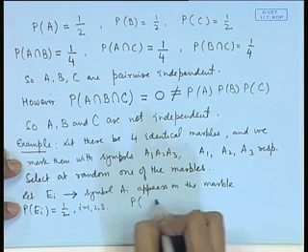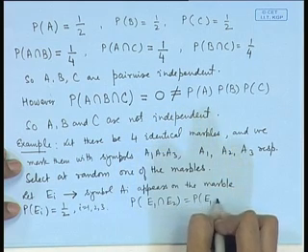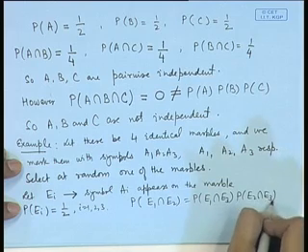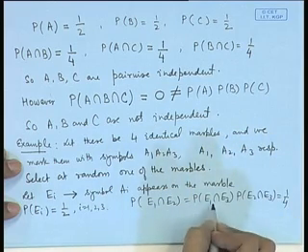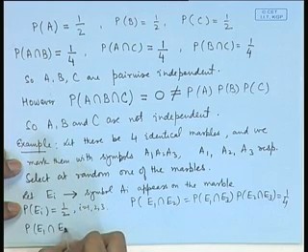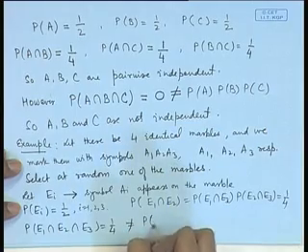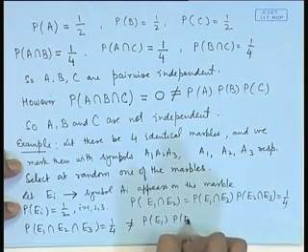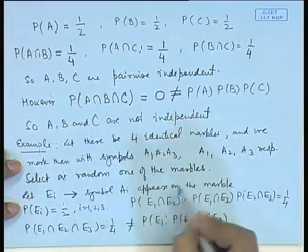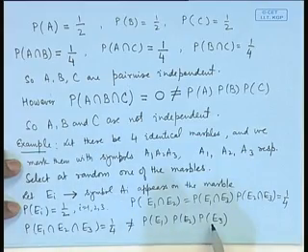If I look at probability of E1 intersection E2, probability of E1 intersection E3, probability of E2 intersection E3, each of these is going to be 1 by 4 because only one possibility is there. And therefore, probability of E1 intersection E2 intersection E3 is also 1 by 4, and it is not equal to probability of E1 into probability of E2 into probability of E3. So, this is another example where the events are pairwise independent, but they are not independent.